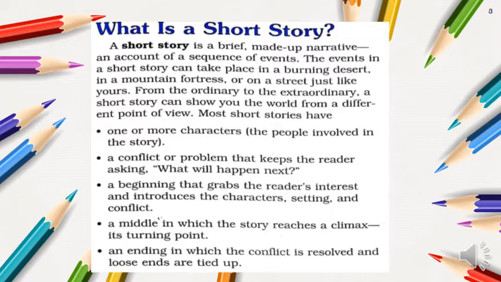These are the elements of a short story: one or more characters, a conflict or problem that keeps the reader asking what will happen next, a beginning that grabs the reader's interest and introduces the characters, setting, and conflict, a middle in which the story reaches a climax, the turning point, and an ending in which the conflict is resolved and loose ends are tied up.